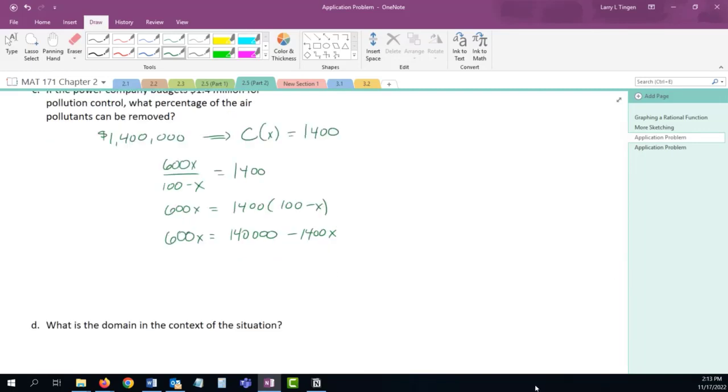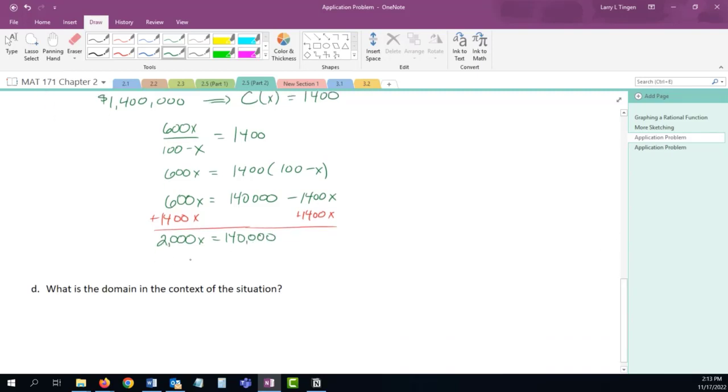This is linear, right? Highest degree of x is 1. Everything with x to one side, everything without to the other. So if I add 1,400x to both sides, all the x's end up on the left, and all the non-x's end up on the right. Now I want x completely by itself.